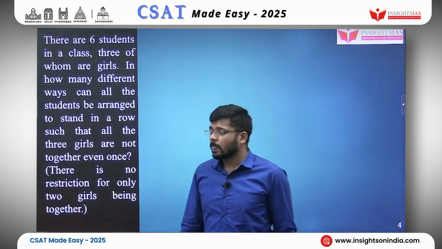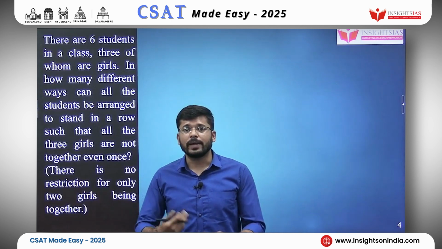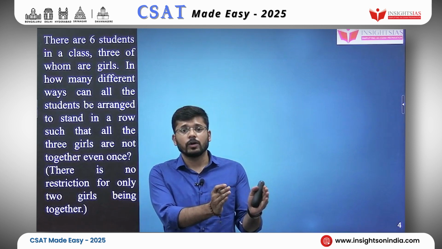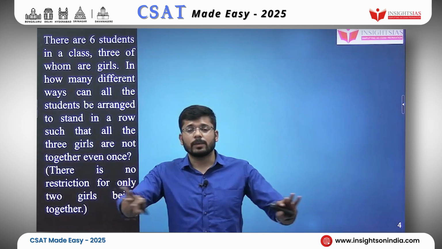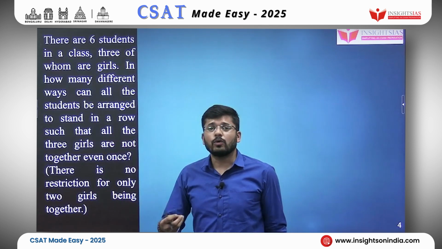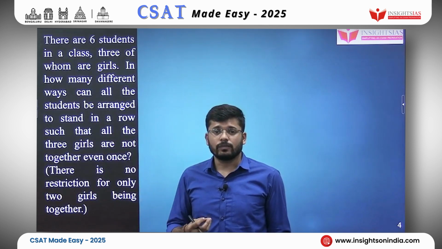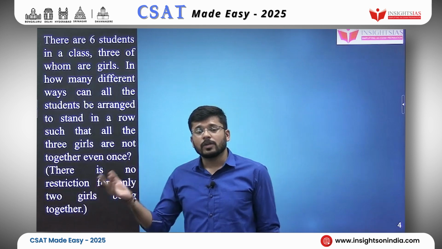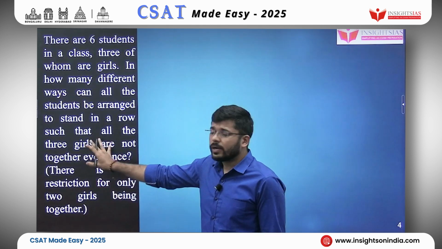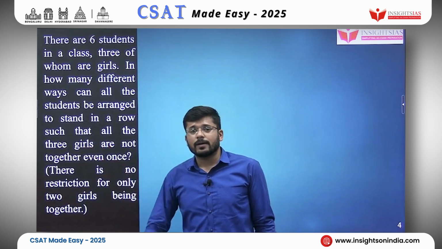To solve it directly would be very tedious. We need to put 2 of them together, or we need to separate all 3 of them. So we will have multiple cases to take into account. However, there is a shortcut way of thinking about this. How? What is the one condition that the question is excluding?